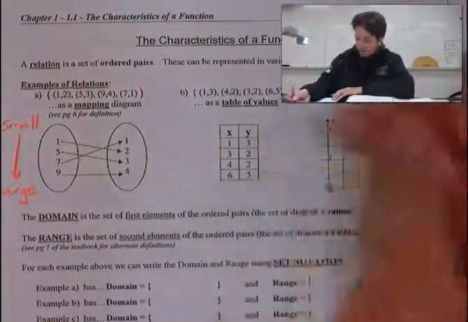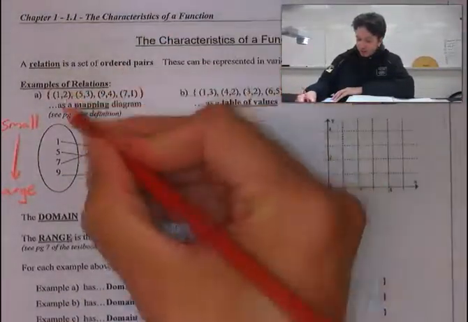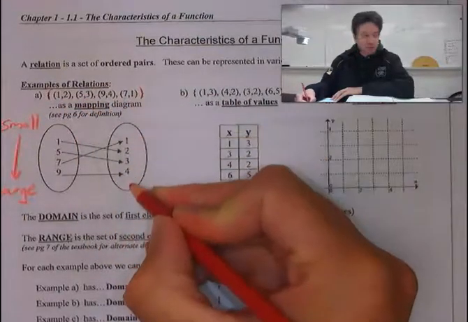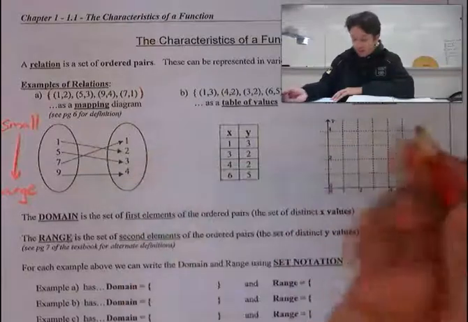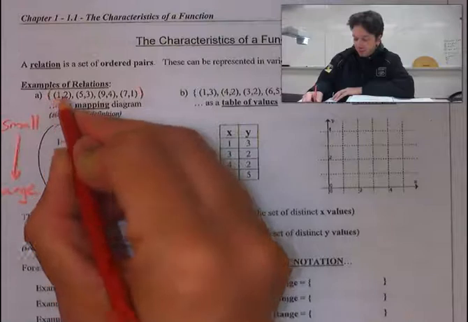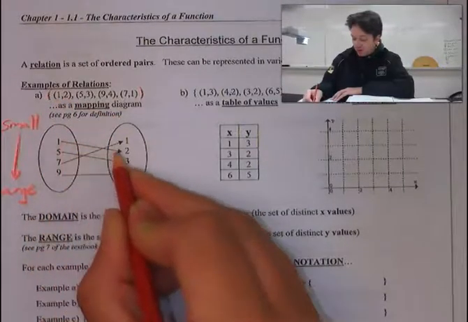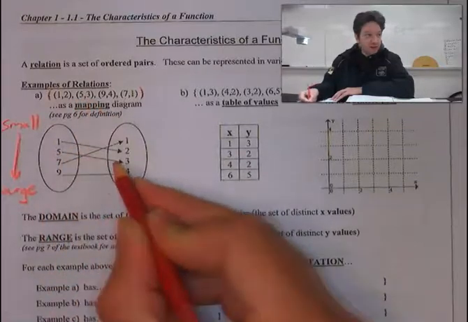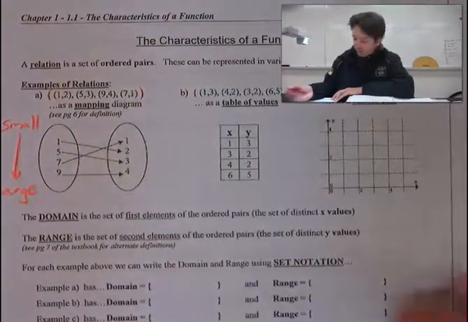And then again over here, you'd write 2, 3, 4, 1, but again, in order from smallest to largest. And then you connect them. For example, this pair is 1, 2, so you connect 1 with an arrow to 2. 5 and 3, you connect 5 to 3, and so on. That's called a mapping diagram.